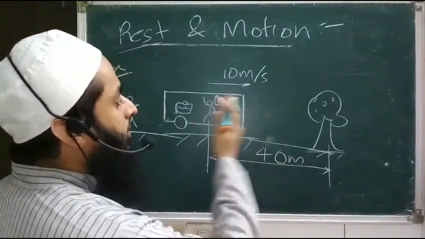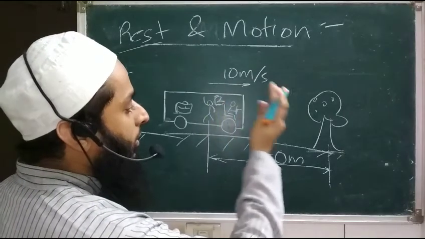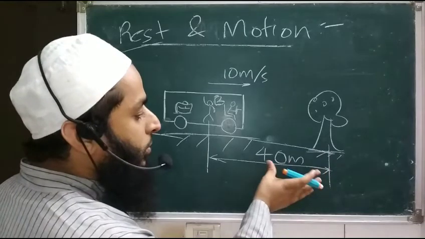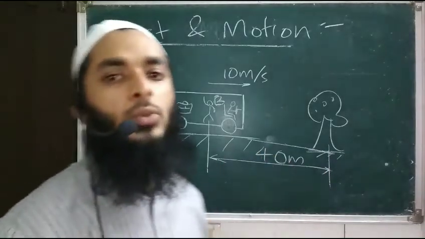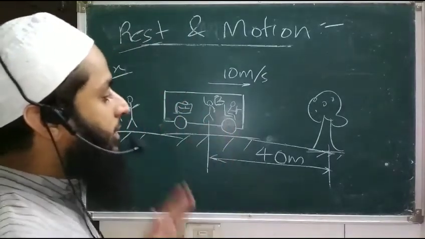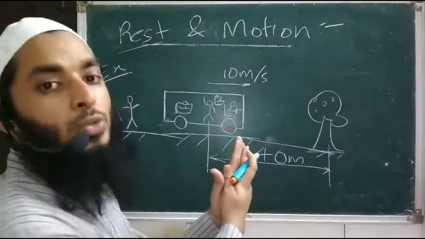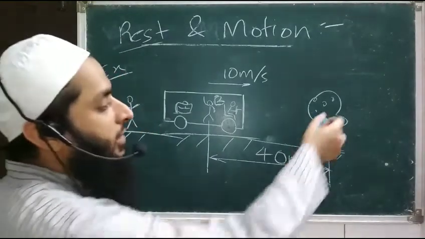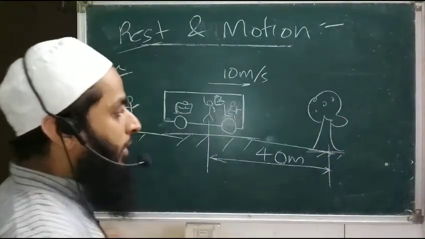Next second the vehicle will have moved 10 more meters to the right side, so the distance between the tree and the person will have become 30 meters. So actually what this person is seeing is that the distance is reducing, or the tree is coming towards him. So he would say that the tree is moving backwards.